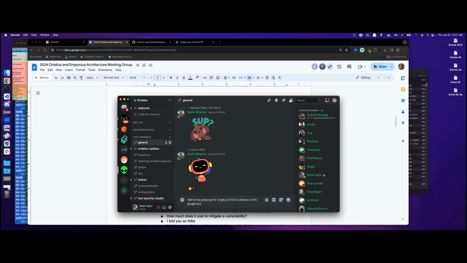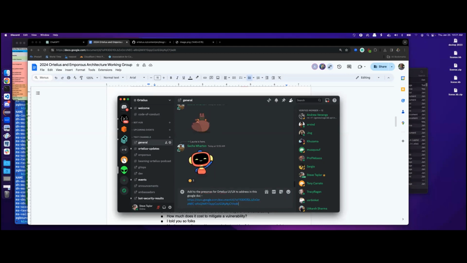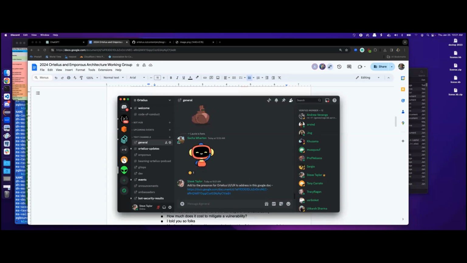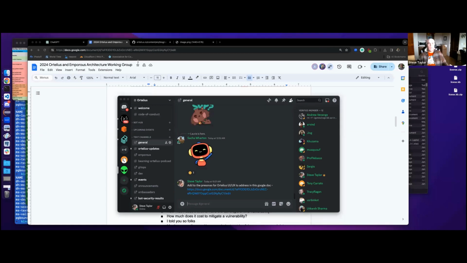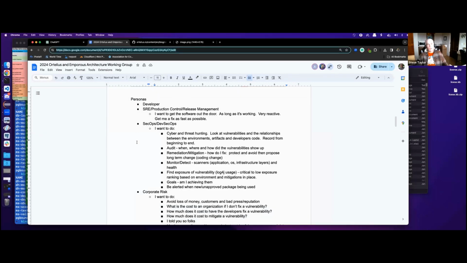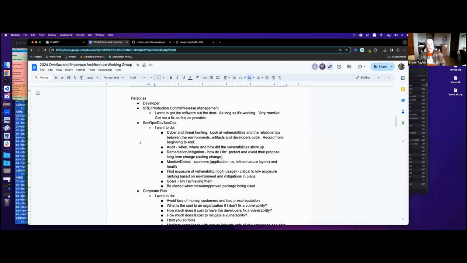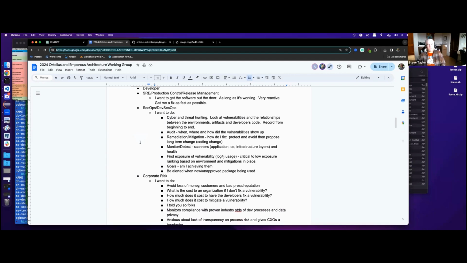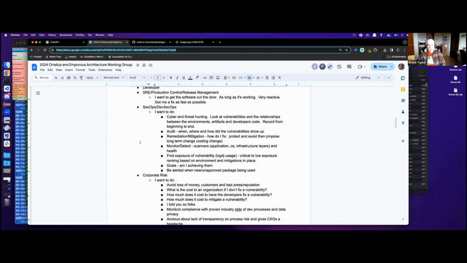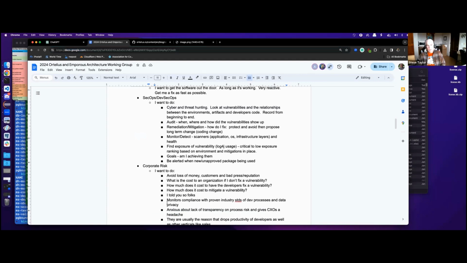How do you prioritize which person to target from all of these? More than likely, what ends up happening is we'll look at each one of these and, for example, monitors compliance is going to overlap with maybe monitor and detect.